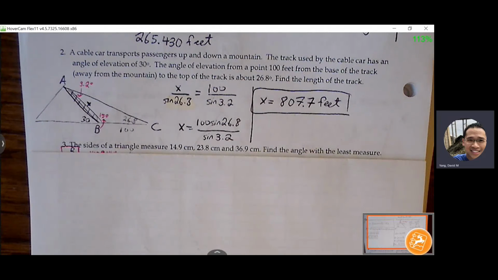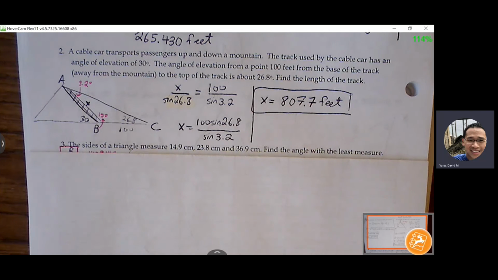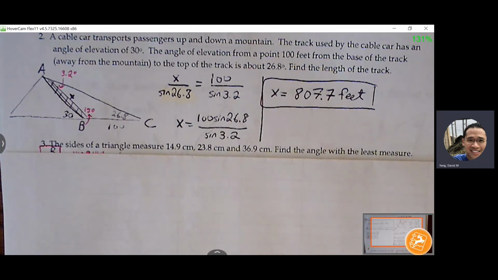Okay, any questions with 2? Okay, we'll just finish up with number 3. Number 3, it's side, side, side. You know, you can use law of cosines, but don't skip any steps.